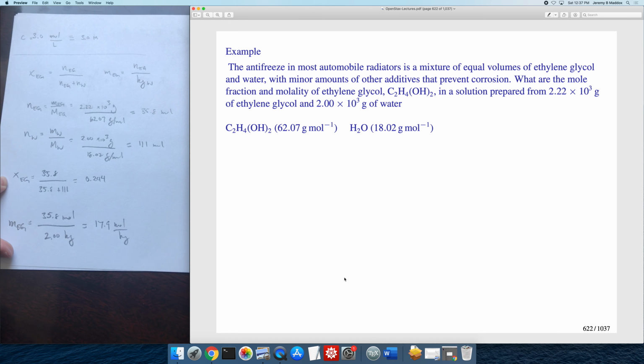So notice that the mole fraction is unitless, and the units of molality are moles per kilogram.